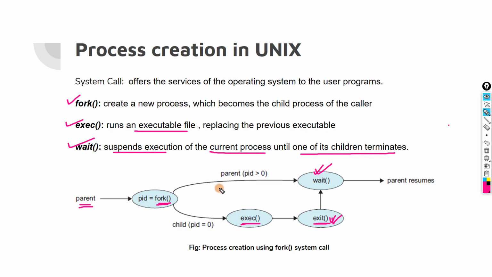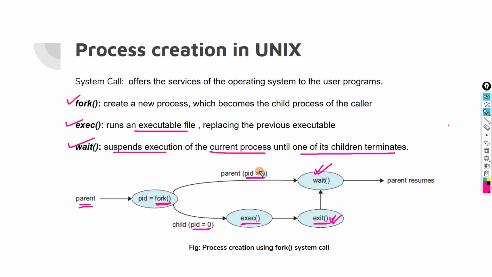As I said earlier, whenever we call the fork system call in the operating system, the child becomes the same program as the parent. So how do you differentiate which one is the parent and which one is the child in a Unix system? Whenever we call the fork function, the parent will return some value: the PID returned to the parent will be a positive value greater than 0, and the PID of the child will be 0.